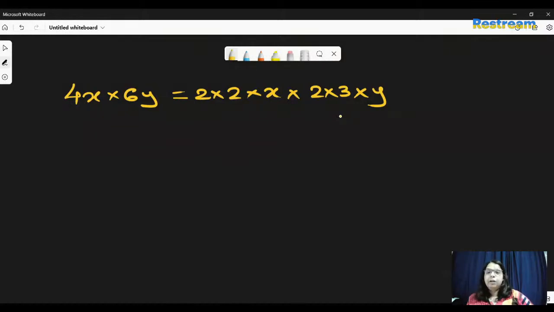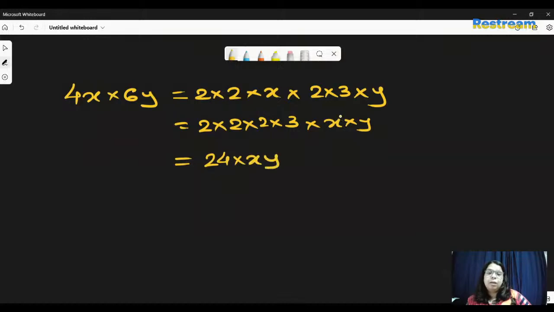Okay, that is equal to, so I have 2 times 2 times 2 times 3 multiplied by x multiplied by y. So it is going to be 8 times 3 is 24 multiplied by x y. So it is 24xy.